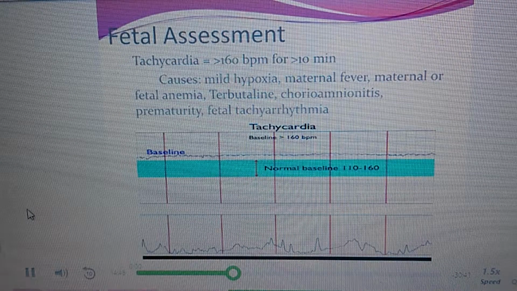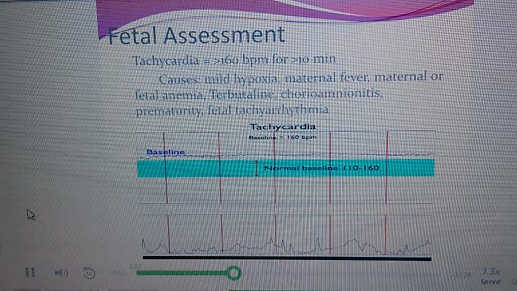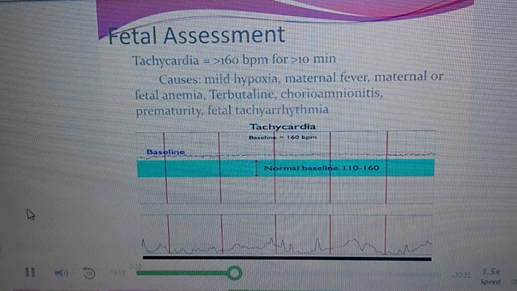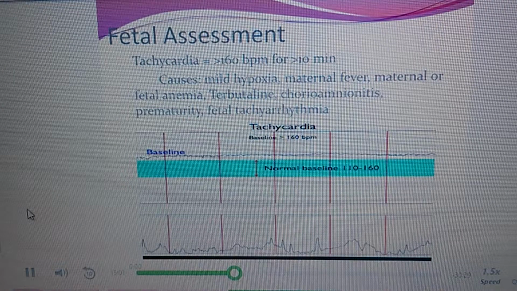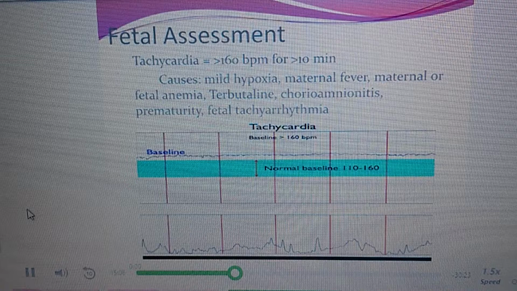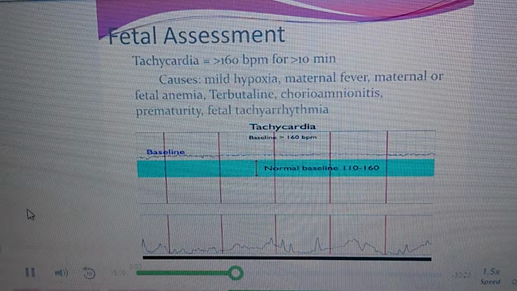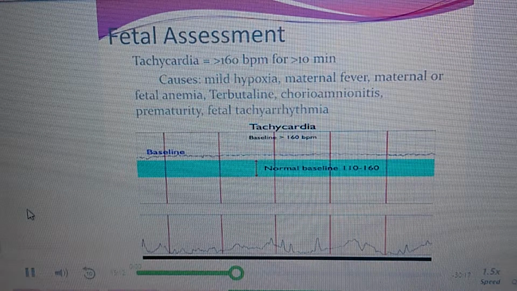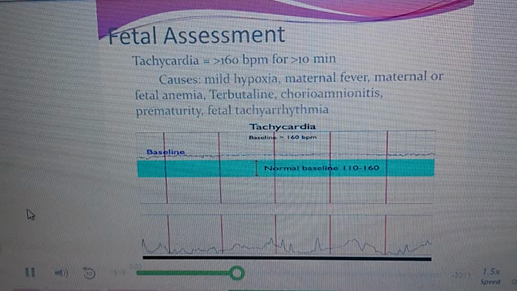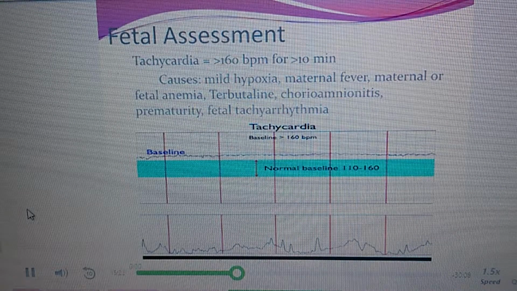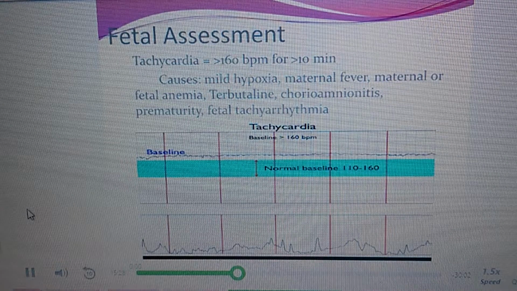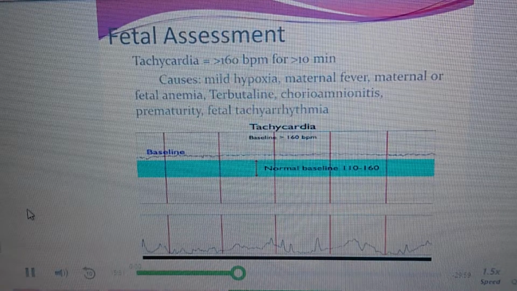That could be from hypoxia, meaning the baby's not getting enough oxygen, to mom having a fever, or the baby having anemia, or the mom getting a medication called terbutaline, or the baby having an infection in the chorion and amnion, the sac where the baby is housed. A baby who's premature can develop a fast heart rate as they compensate, or a baby who has a cardiac dysrhythmia. These are all causes that could predispose a baby to a heart rate greater than 160.